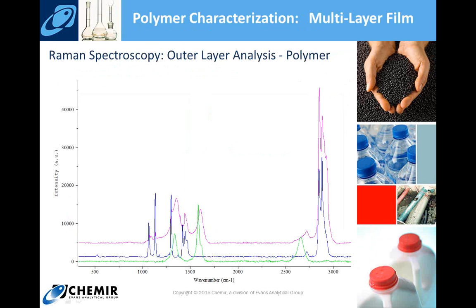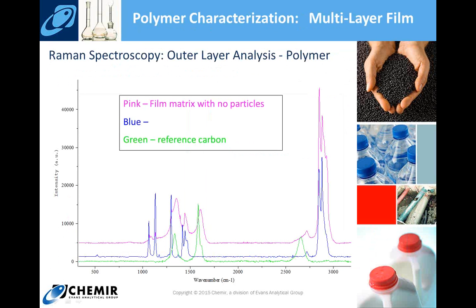Here is yet a different analytical technique, Raman spectroscopy, providing chemical fingerprinting of both organic and inorganic materials. And this technique was looking for another additive. The pink is showing the film matrix of one of the polymer layers. The blue, I'm not going to disclose what that is. It's not all that important, but that's a little proprietary. The green spectrum that you see here is indicative of a reference standard of carbon.